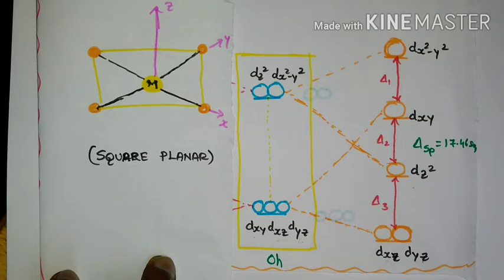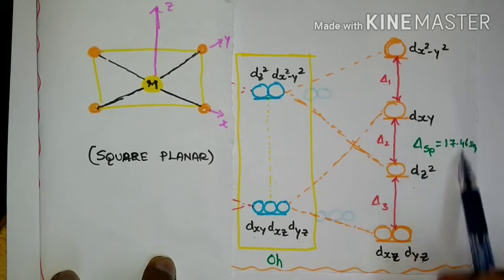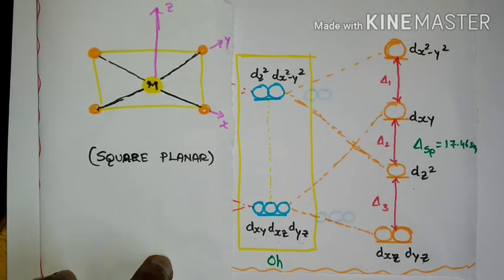What you can remember is that the energy of d orbitals containing the z component will decrease, whereas the energy of d orbitals containing the xy component will increase. And the crystal field splitting of a square planar complex will be equal to 17.46 Dq.